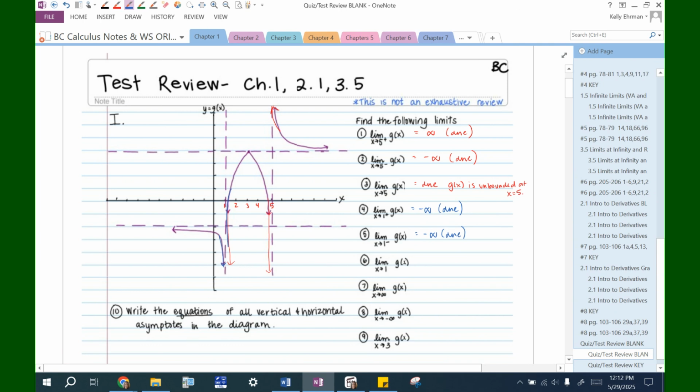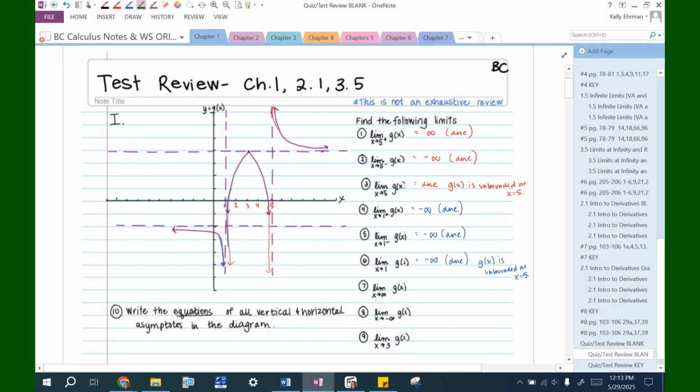Now, because both of those limits are headed to negative infinity, as we approach 1 in general, we can say negative infinity, but that answer still does not exist. And on this one, because the graph is unbounded in both directions, I can also still just say g of x is unbounded at x equals 5.